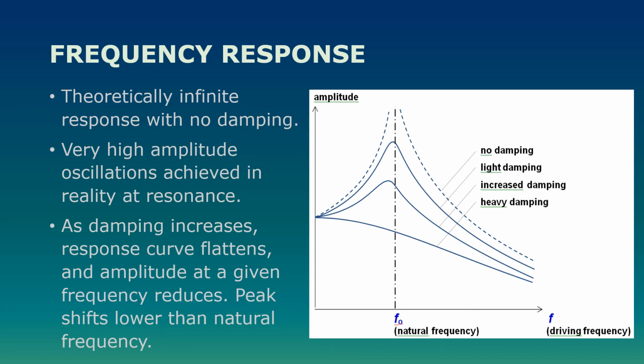And the key thing is that the peak amplitude shifts to lower frequencies. There's actually just a shift on that line to the left where the maximum response actually occurs, and that's because, as we said, the natural frequency of the system actually slightly reduces with damping as well.